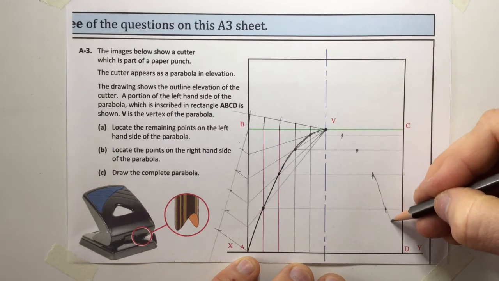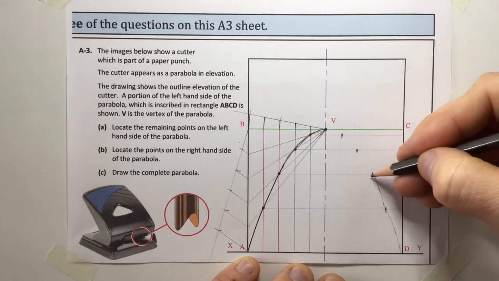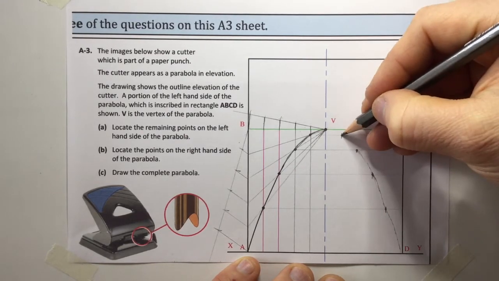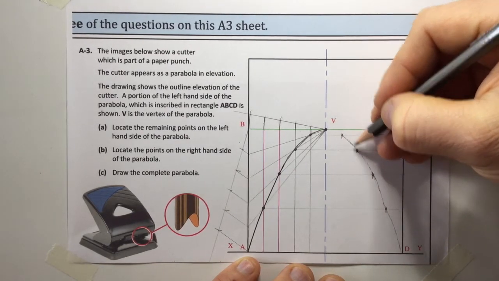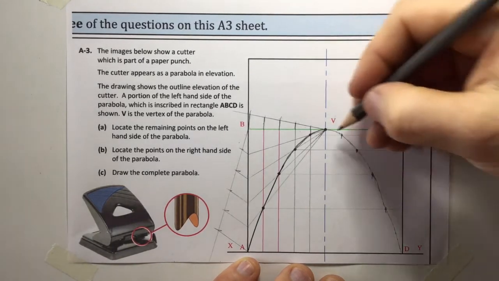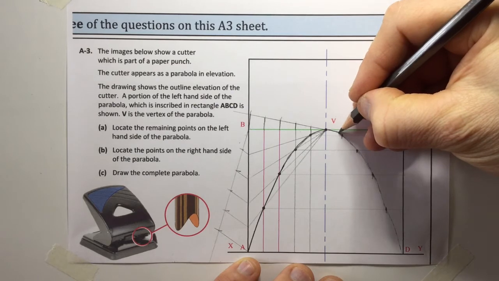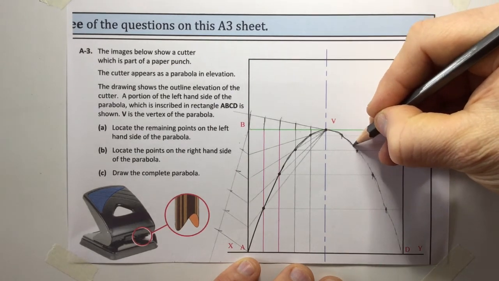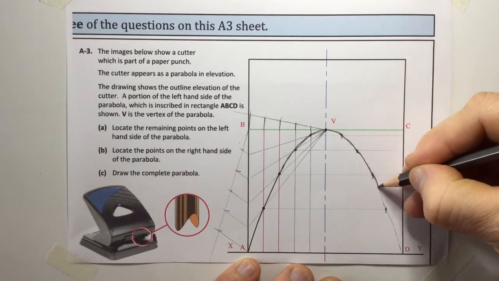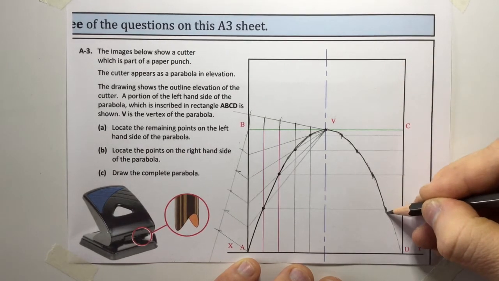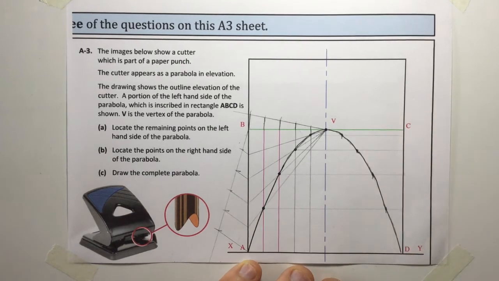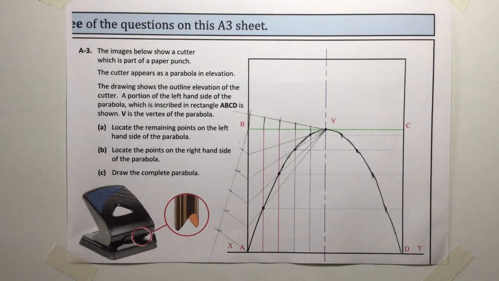Now if you can, go lightly first, and then you can actually line it in as best you can then. So I'm relatively happy with that. So I'm going to go over it a little bit heavier. And ultimately, that is the question complete.